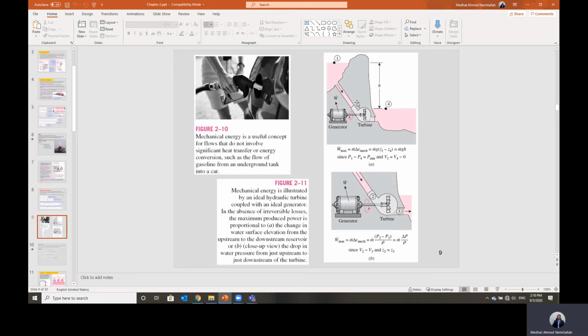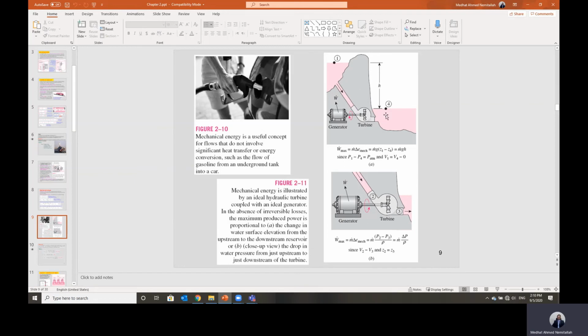At point 4, after the flow is expanded inside this turbine, it has moved to atmospheric. So pressure P1 and P4 is the same, P atmospheric. Velocity V1 and V4 at the top of the fluid is the same. So in this case, the change of mechanical energy of the fluid will equal the change of the potential energy, and the power of this turbine will equal m dot multiplied by the elevation Z1 minus Z4. This is just an example.